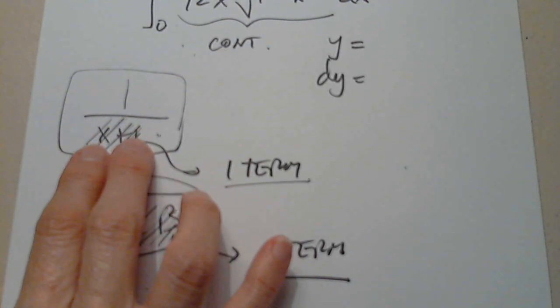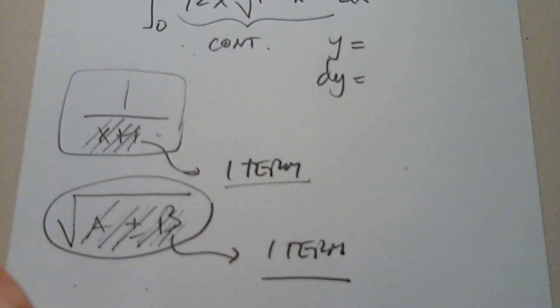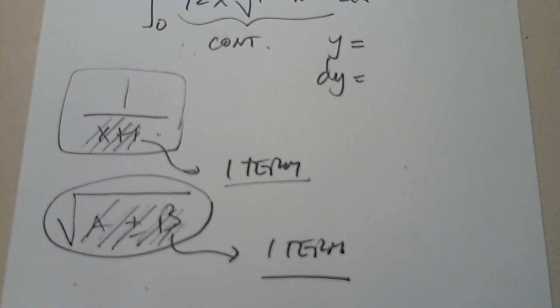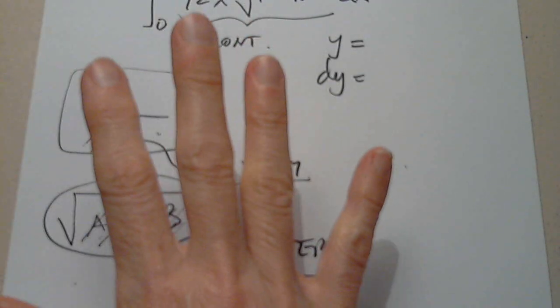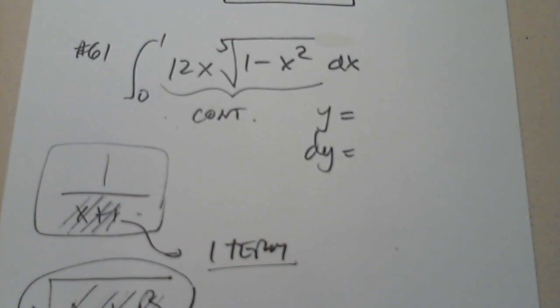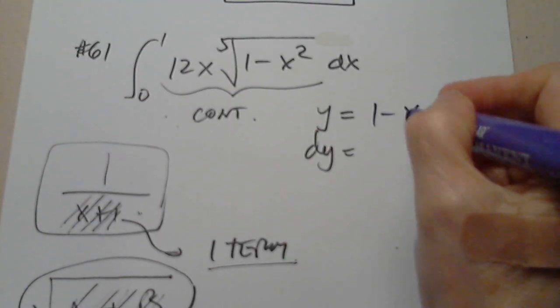I want one term in the denominator. I want one term under the radical. So coming back to our problem, what do you think should the substitution be? One minus x squared. Of course.